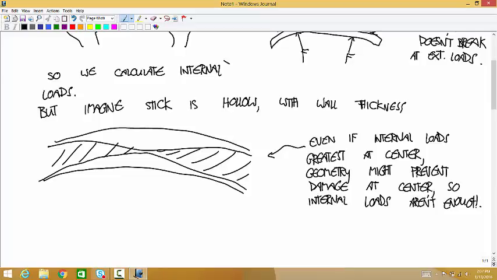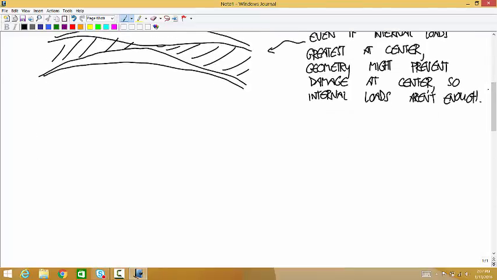And so we need to go another layer deeper into this, and we end up with the concept that this class is based on. So the next step is stress and the related idea of strain.